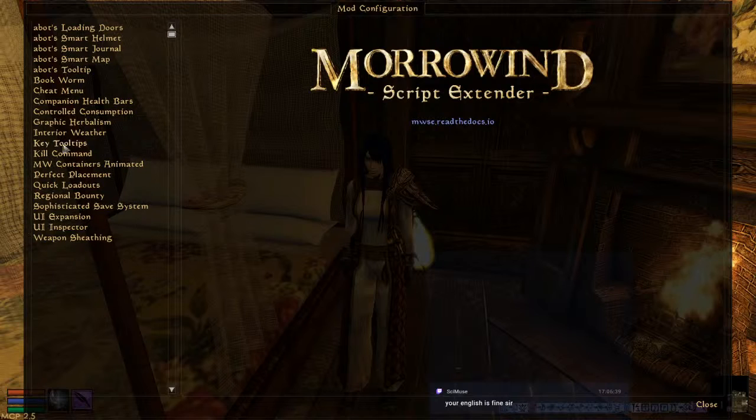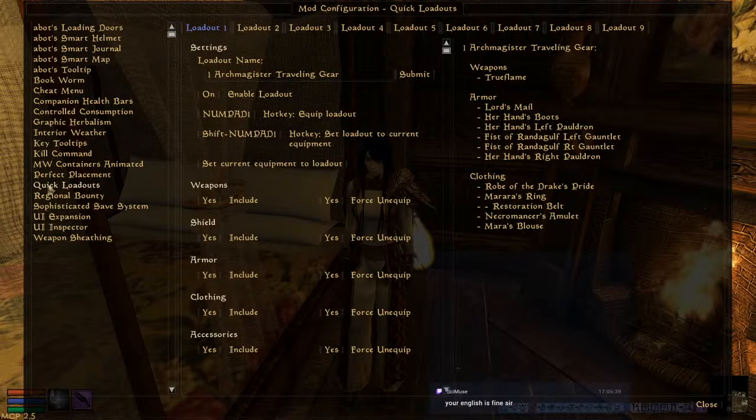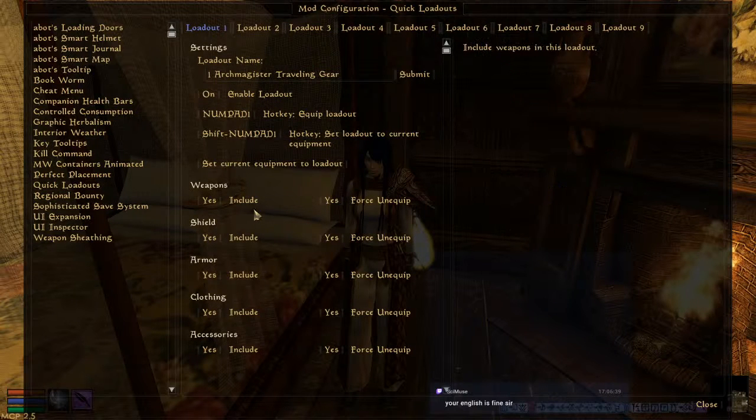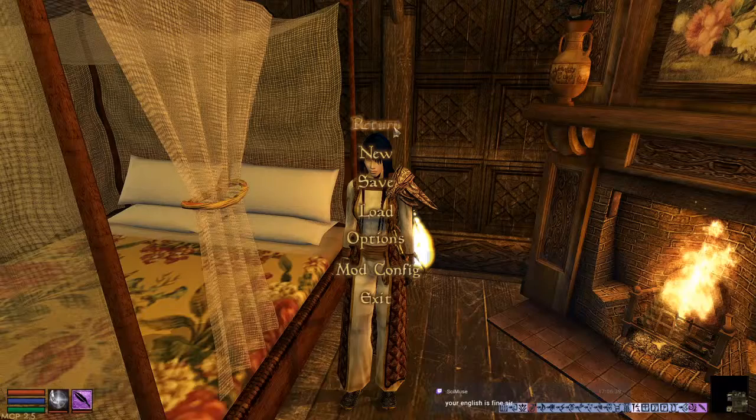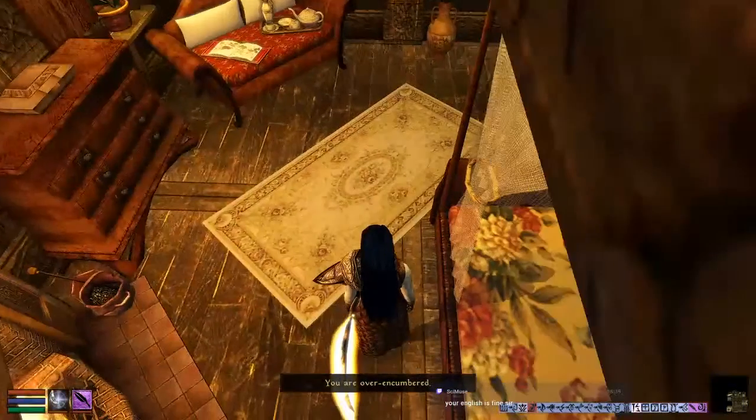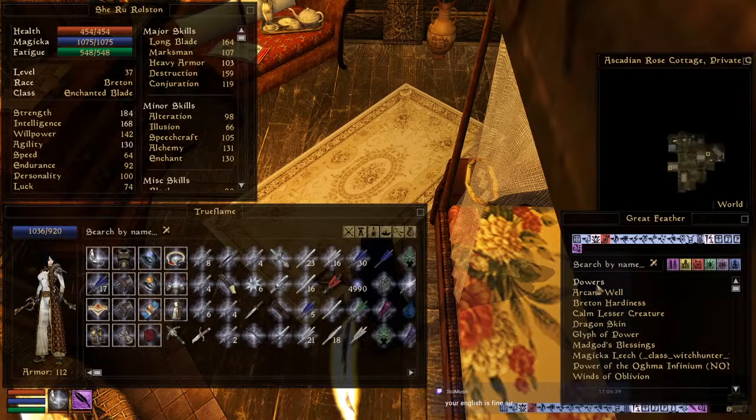It is called, I never remember, it is called Quick Loadouts, and you can select a hotkey, and with that hotkey you can put on or put off your preferred suite of armors and clothes, and you have 7 or 8 slots available, so it's very nice.